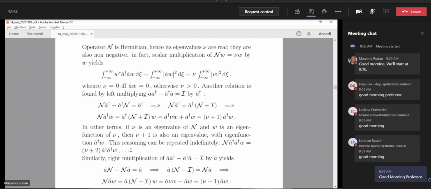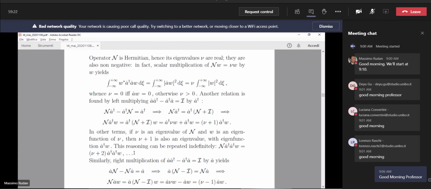And for each A dagger that we put in front of W, we increase the eigenvalue by 1 unit. So from one eigenvalue, we find infinite eigenvalues and eigenfunctions simply by adding an A dagger, increasing the value by 1.